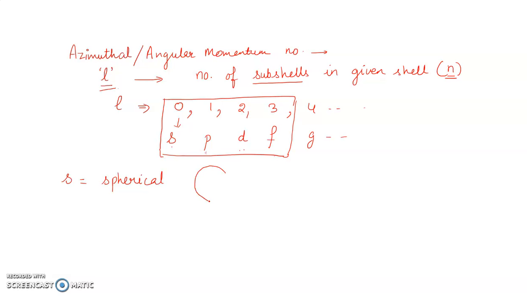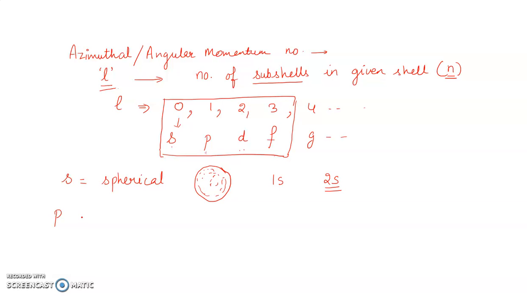It is like this, a three-dimensional region. So anywhere in this region an electron can be found. Of course the size can be different. If it is present in the first shell, then the size will be small. If it is present in the second shell, then obviously the size will be bigger.